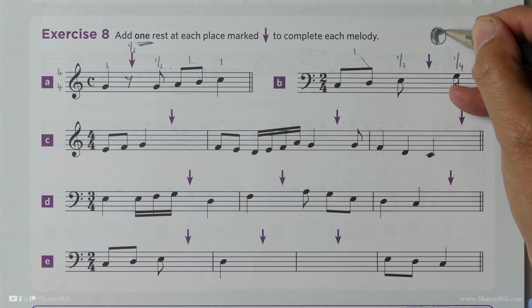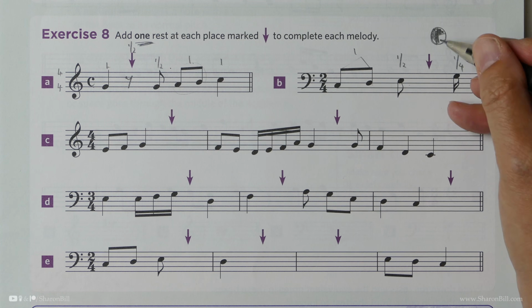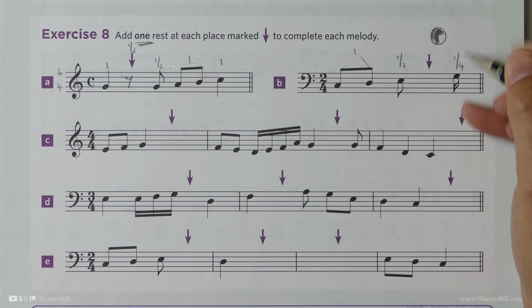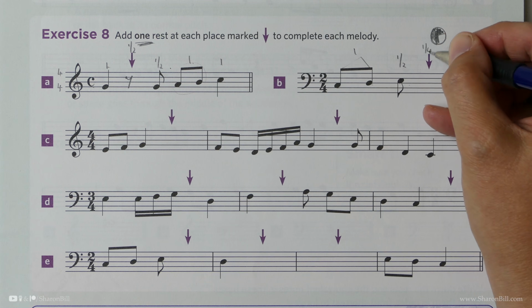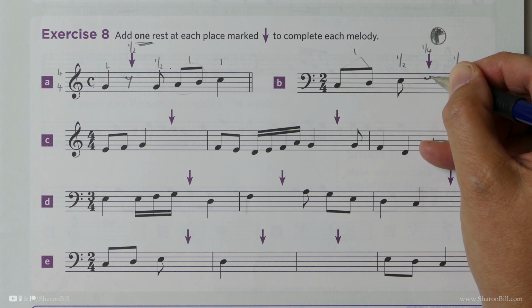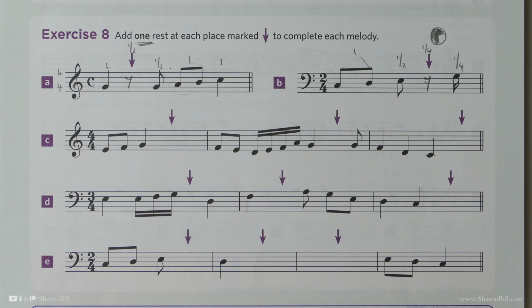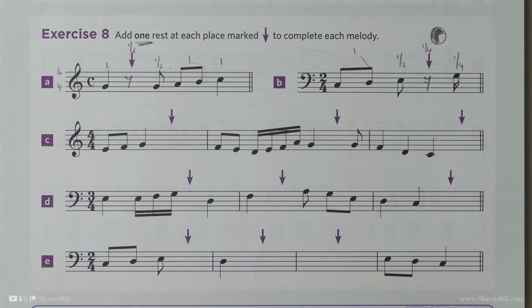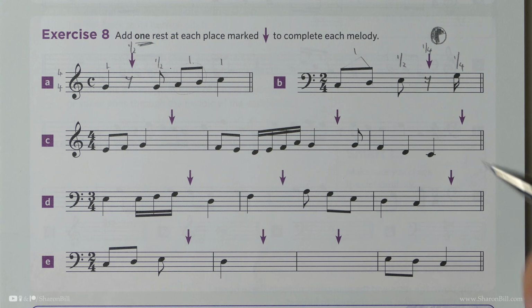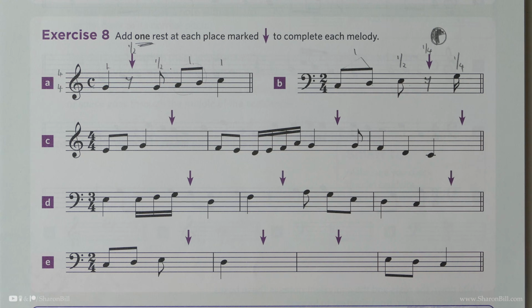We've only got 3/4 of a beat. We're a quarter of a beat missing. And so a quarter of a beat in rest form is a semiquaver rest, which looks like that. So I hope that's what you've got there. If not, it's okay. Just follow it through, erase and have another go. Best way to learn.